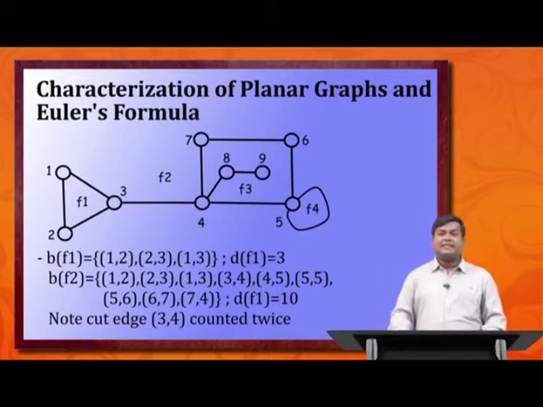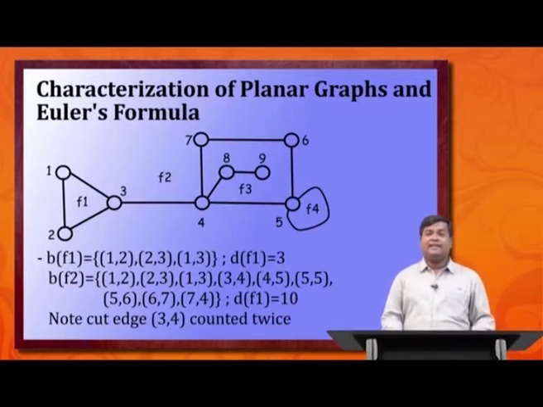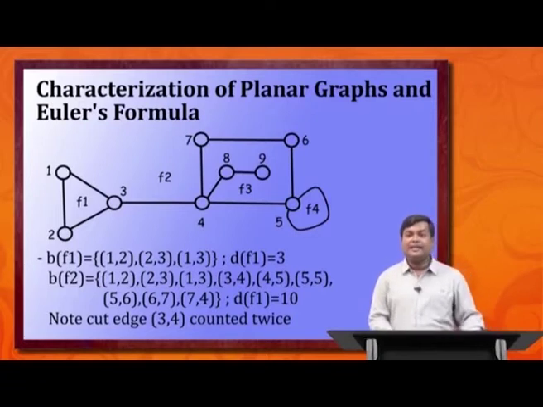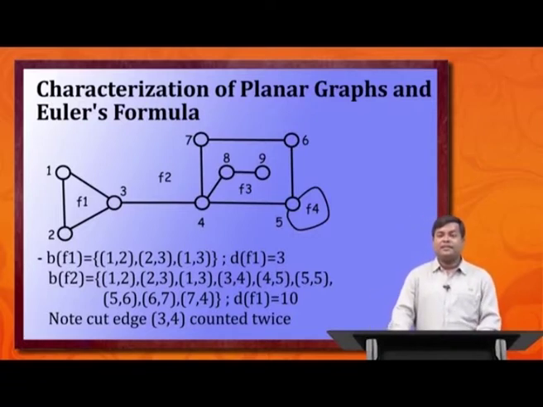If you count these edges, we have 9 edges. But the degree of F2 (earlier it was a mistake, it should be F2 instead of F1) is 10, while the number of edges is 9.